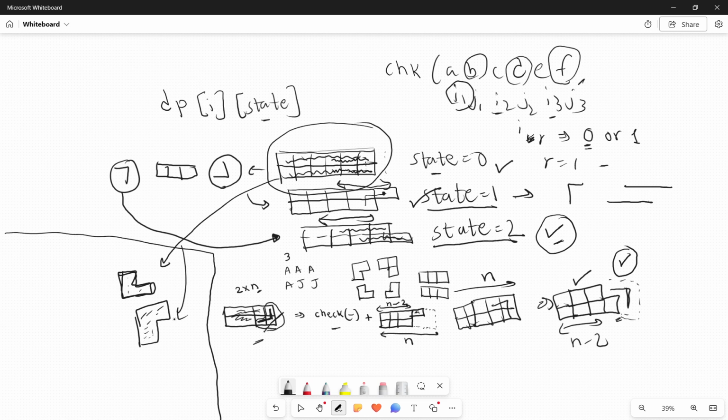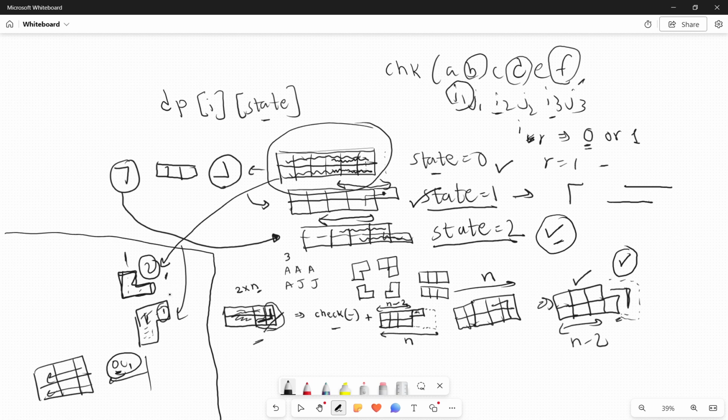Try to visualize this in your head, or it can get reduced to nothing. Nothing means 0 columns. So how is it possible? Suppose a 3 by 3 grid was there, and we select this and this, then 0 will be remaining, meaning 0 number of columns. Here it is 1, and its state is also 1. Here it is also 1, and its state is 2.